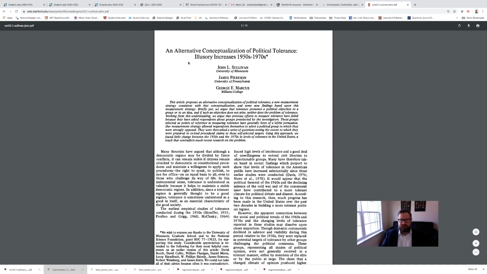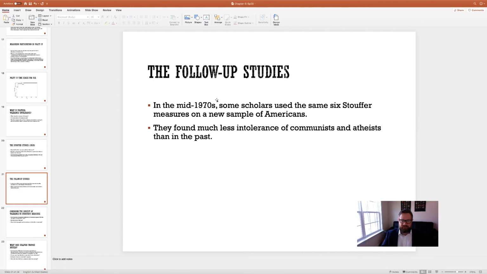That's why they say it's illusory increases in tolerance between the 50s and 70s, and it's illusory because the measure itself is not getting at the idea of political tolerance, okay? Because it's just that people tend to be more likely to agree with communism and atheism, okay?